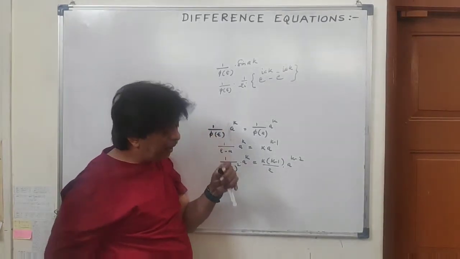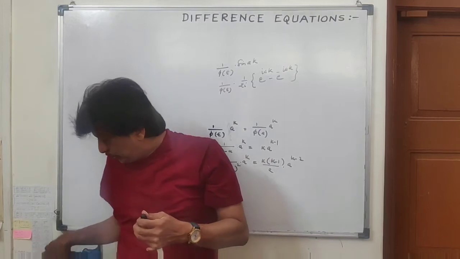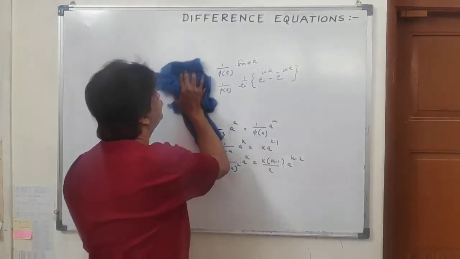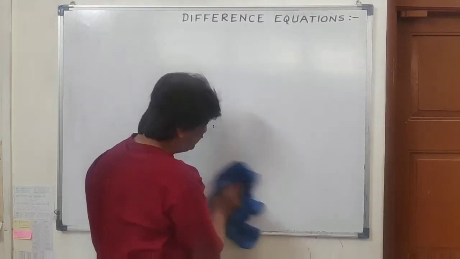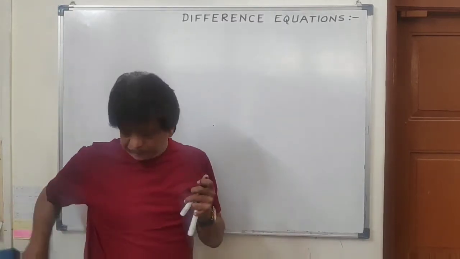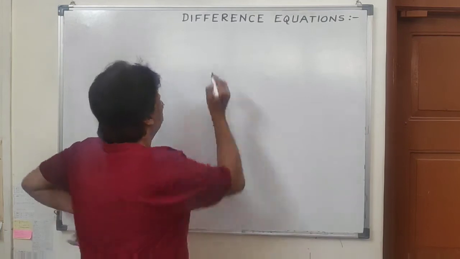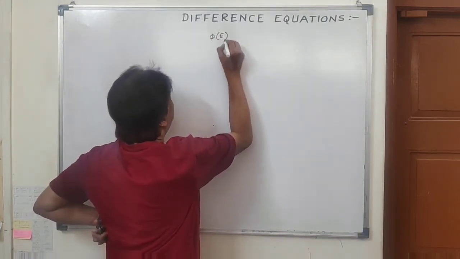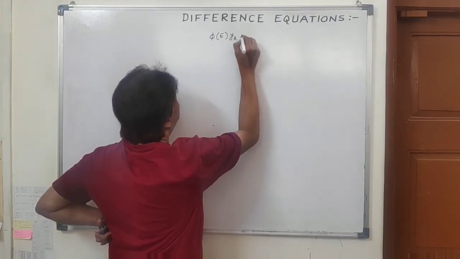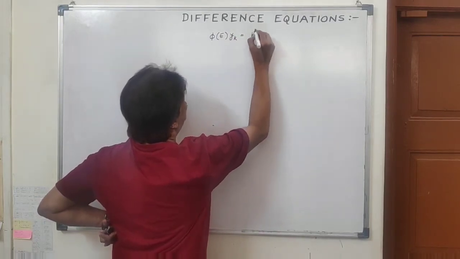Now we shall discuss an algebraic case. Algebraic case means the difference equation is of the type phi of E into y k is equal to say k raised to power m.